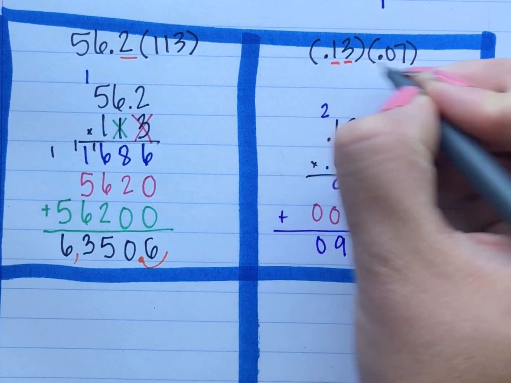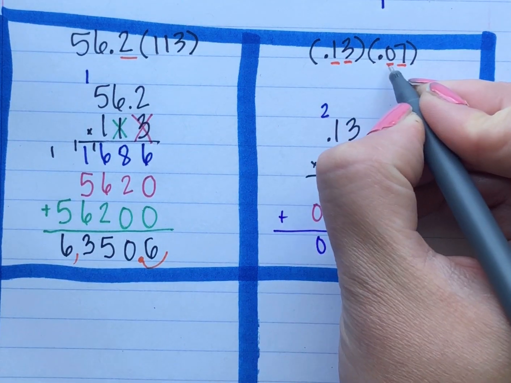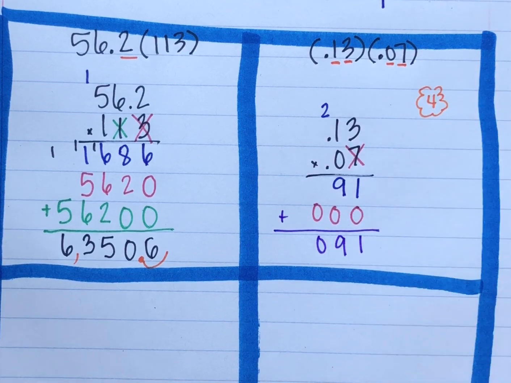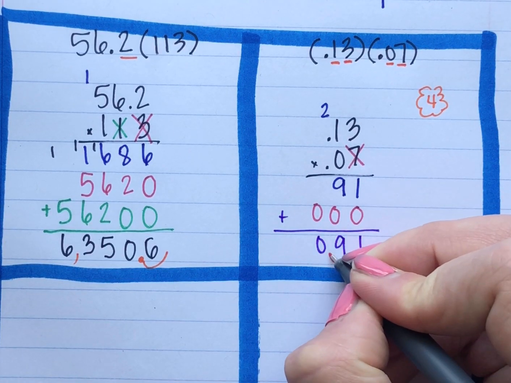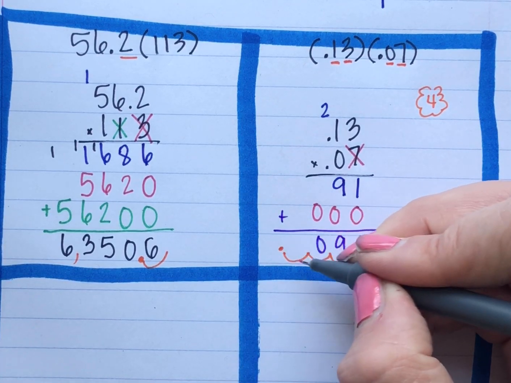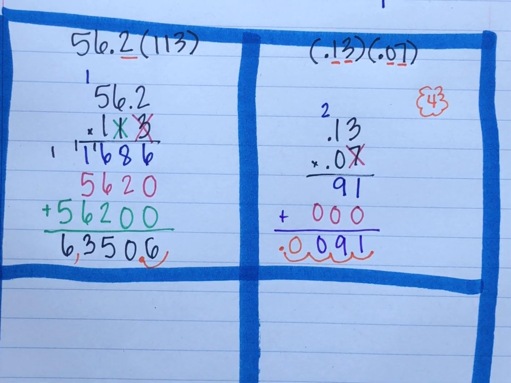So yeah, we've got 2 here, but we have 2 more here. So that's 1, 2, 3, 4 digits in this problem, right? So that means we start here, 1, 2, 3, 4, and we know where we need to hold a place. We use a 0 for a placeholder.